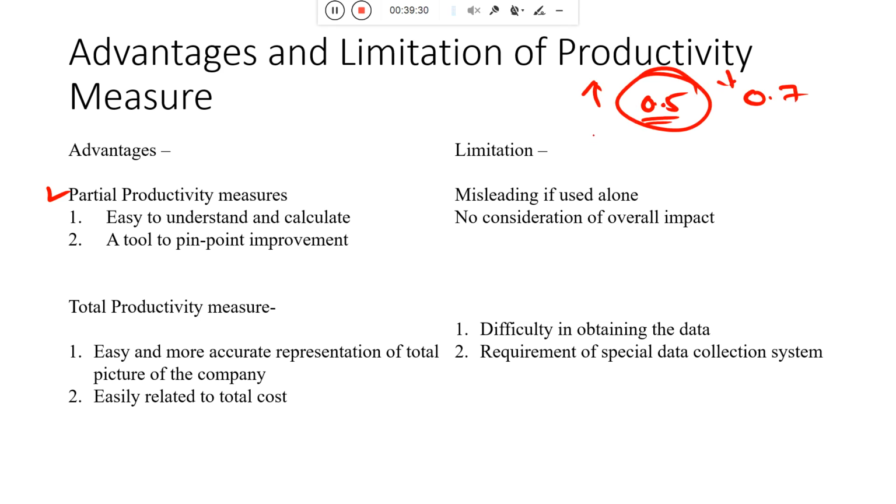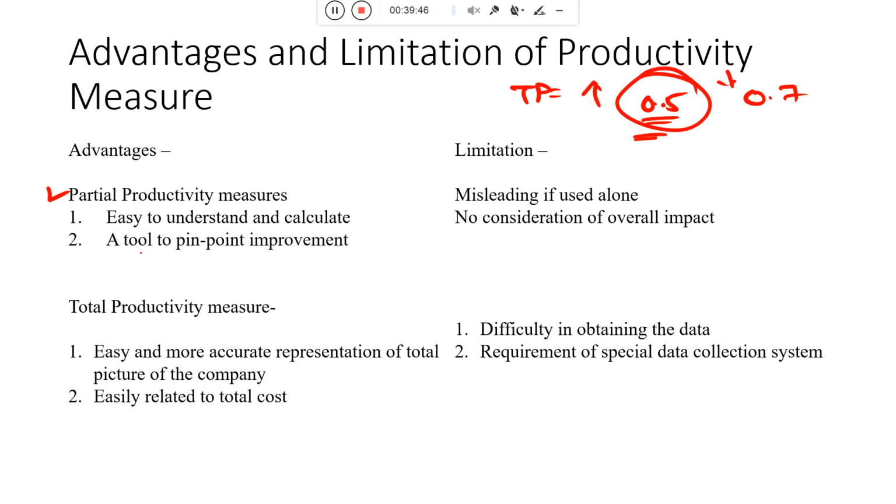But the next point is where I need to focus to improve this total productivity. Where can I focus more so I can improve it?